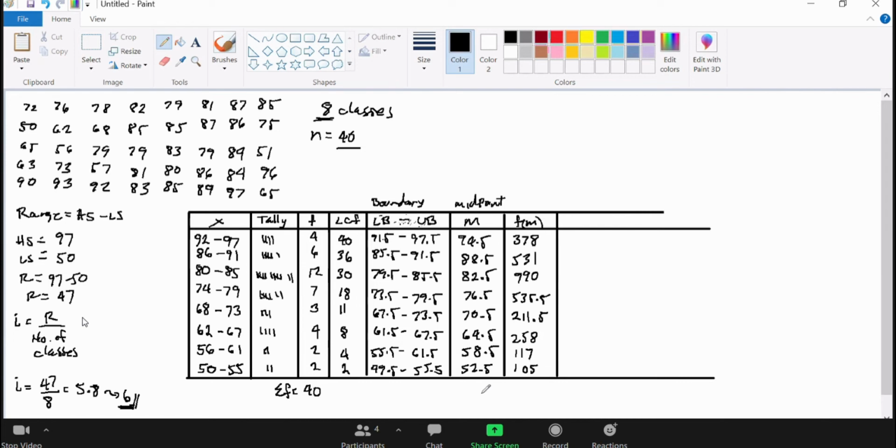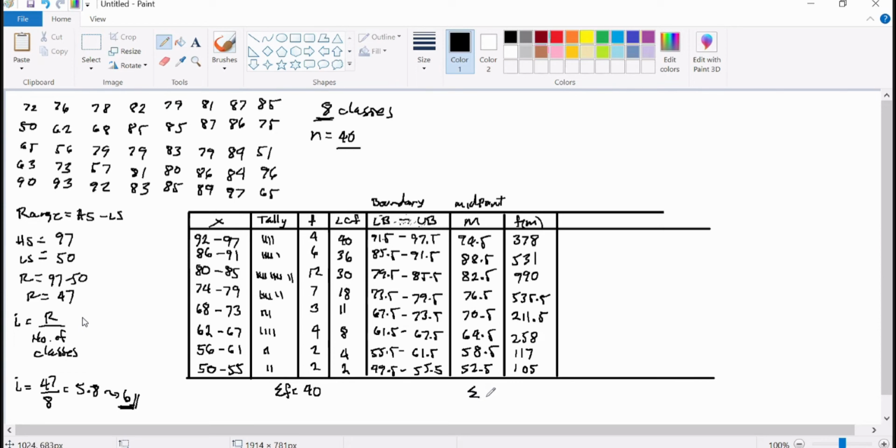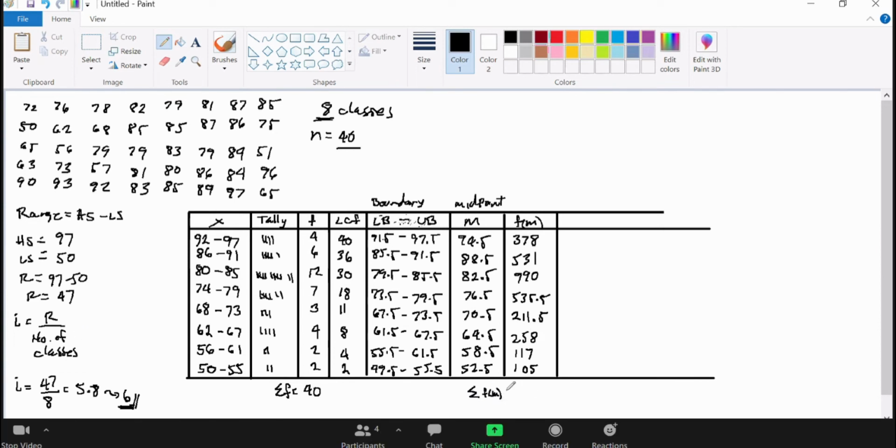Okay, so this part we need our summation of F times M. Add all of this.